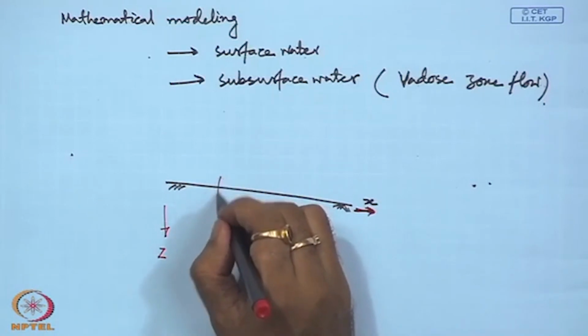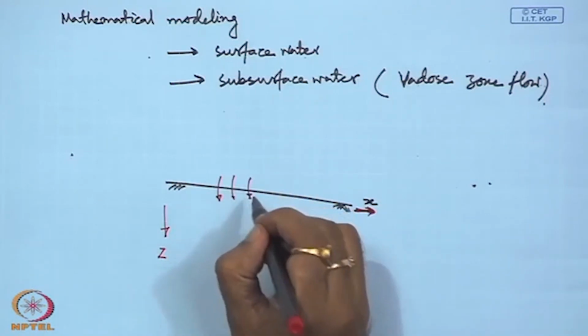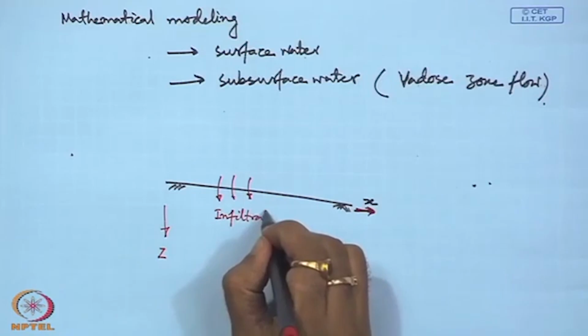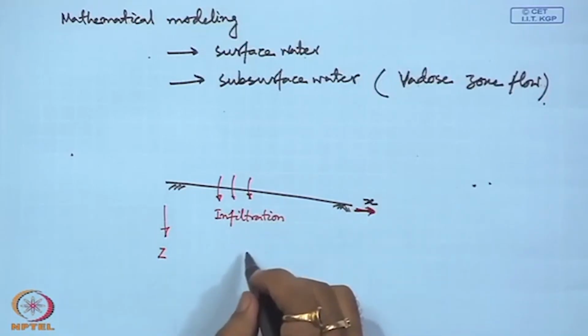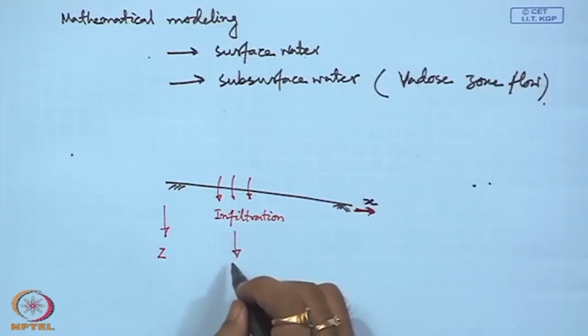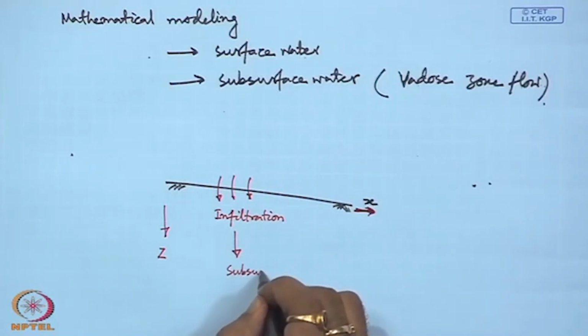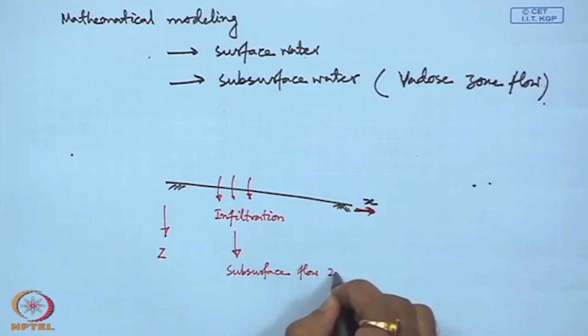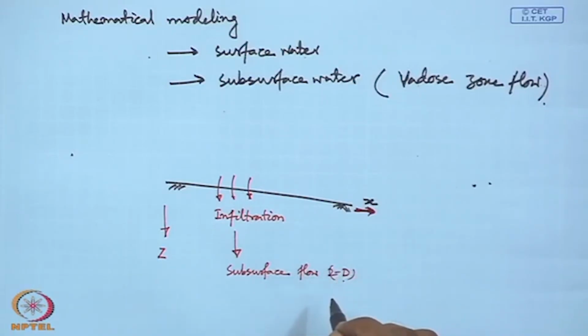This is for infiltration from our overland flow. So, infiltration, then we have subsurface flow, (2D) model, and our surface flow is modeled as 1D.